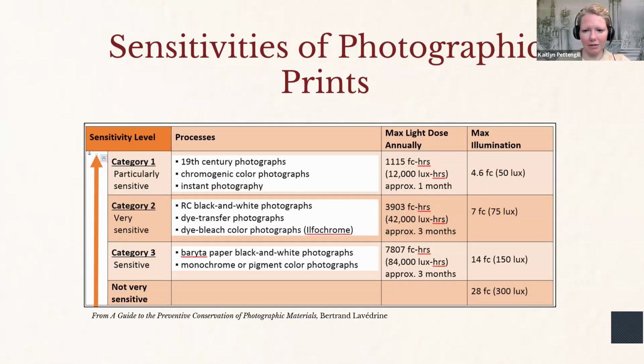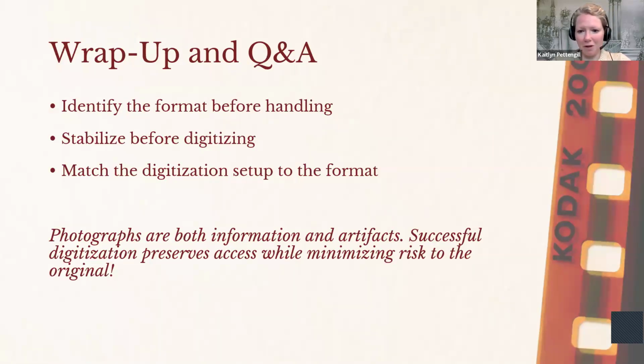All right. Next slide. Okay. Personally, I want to leave you with a few takeaways. The first is to identify the format before handling it. Different photographic processes have different structures, different vulnerabilities, and from the digital archivist side of things, different capture needs.